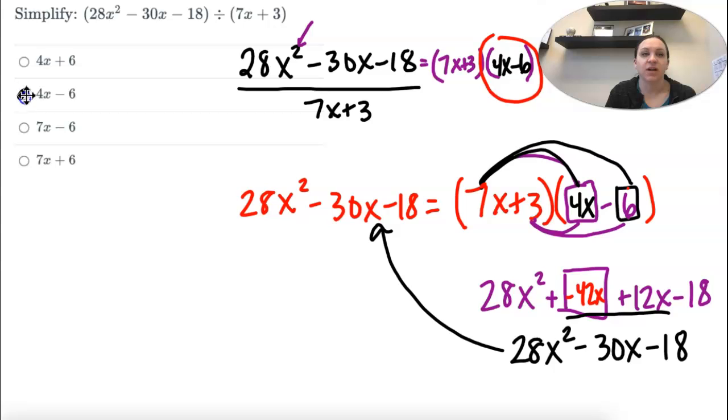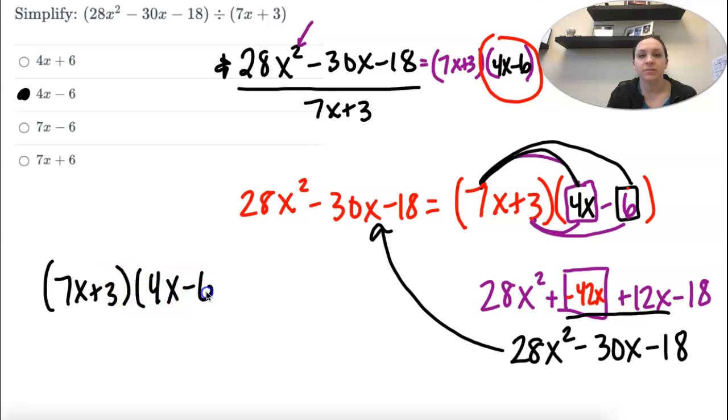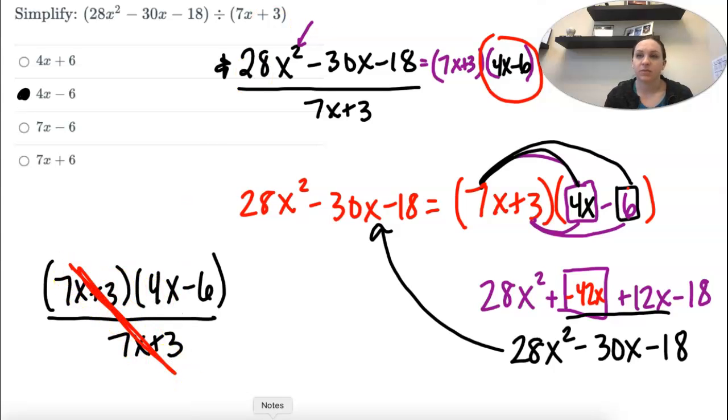And that's our answer, because say I rewrite this whole thing in factored form, divided by 7x plus 3. These cancel because they're on a fraction. Any two things divided by themselves are 1, and then we're just left with 4x minus 6.